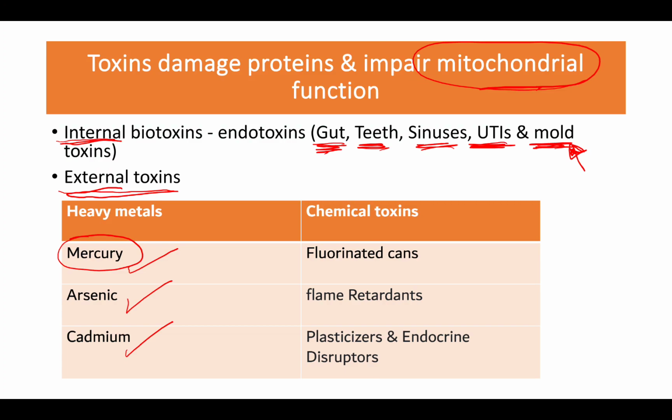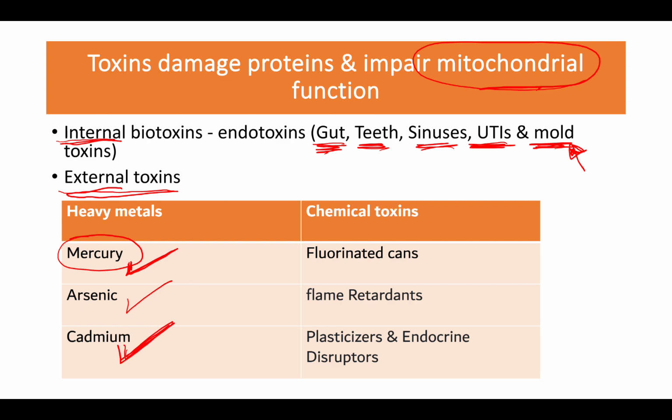Small fish, which do not live for a long time, do not have a big amount of mercury, so you can eat small fish safely. However, the big fish like swordfish are very full of mercury, and mercury is brain toxic and toxic to the mitochondria.